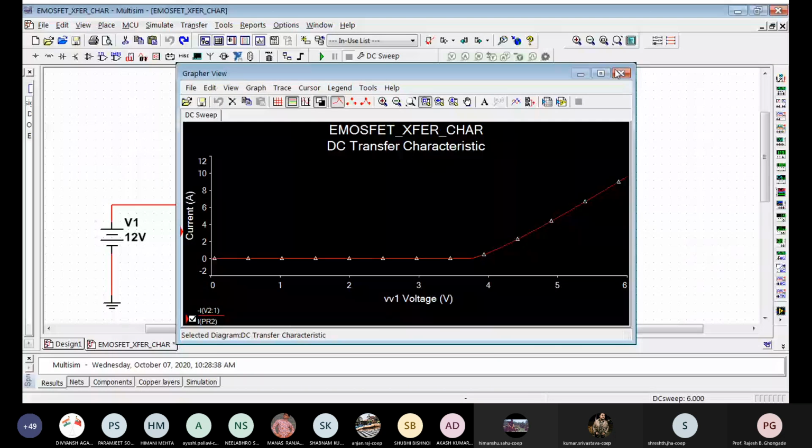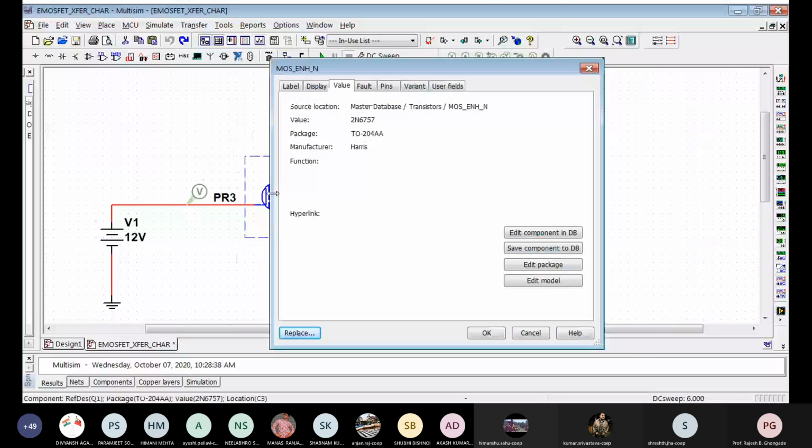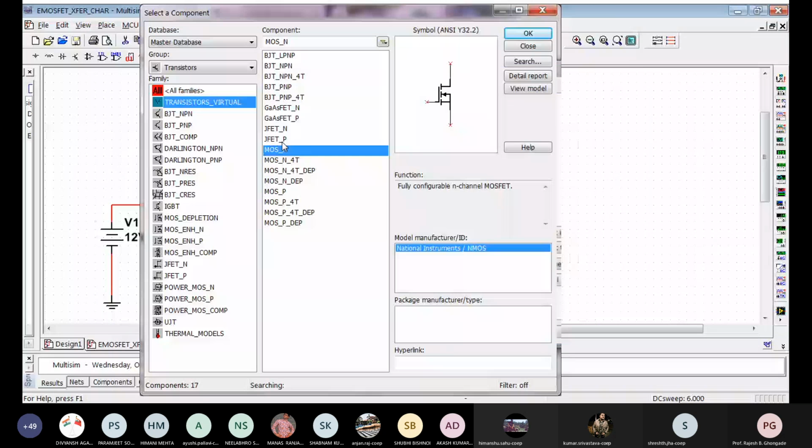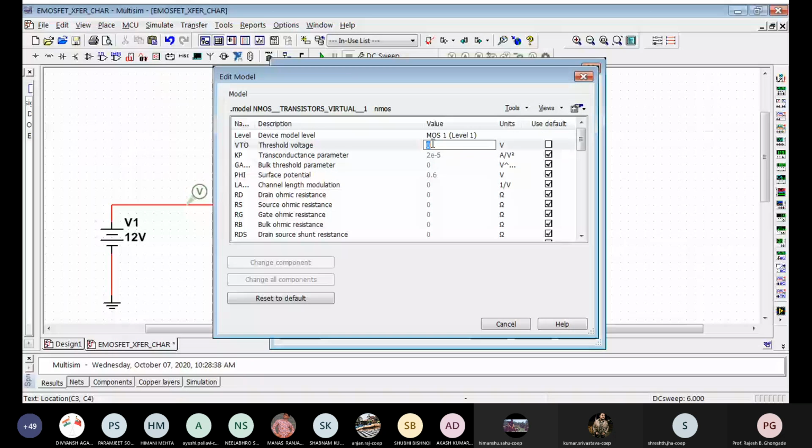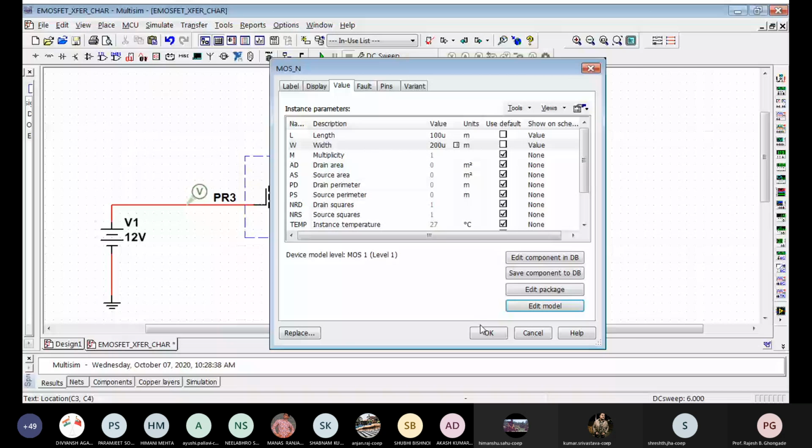Instead of this, I will use the virtual transistor so that you will not get confused. I'll just increase this to 200, and this to 2 volts. So what do you see here?